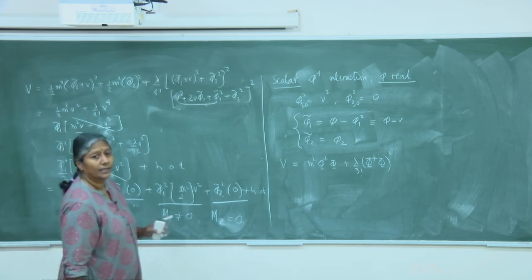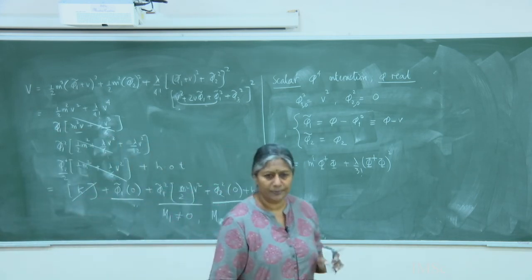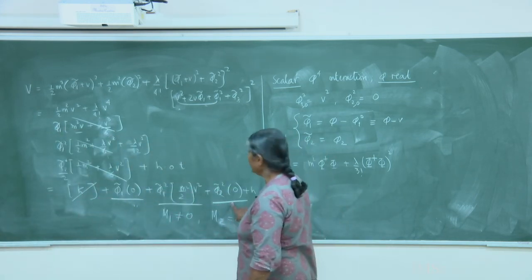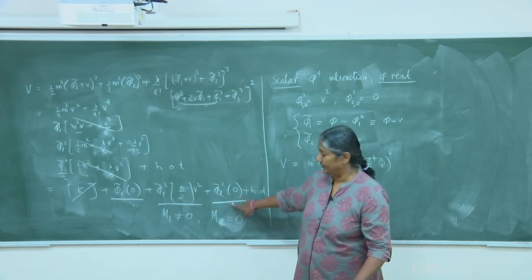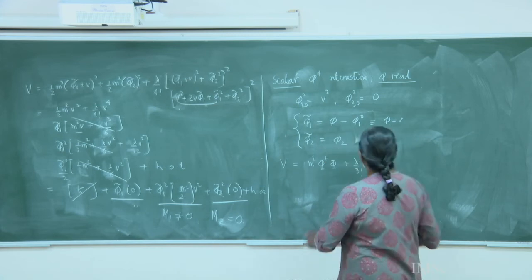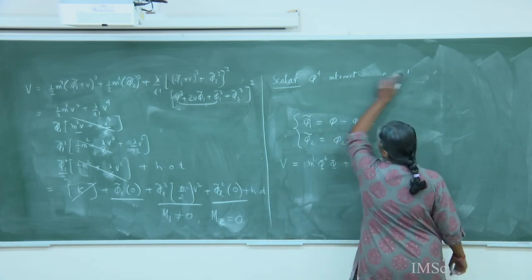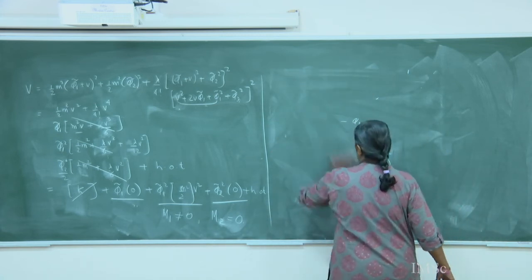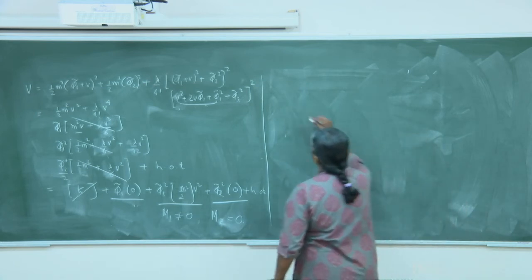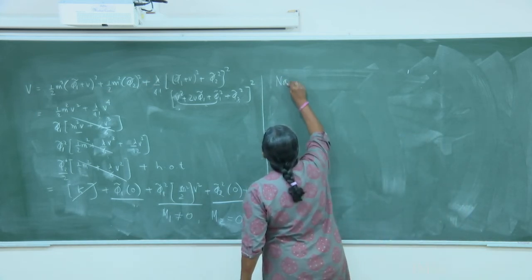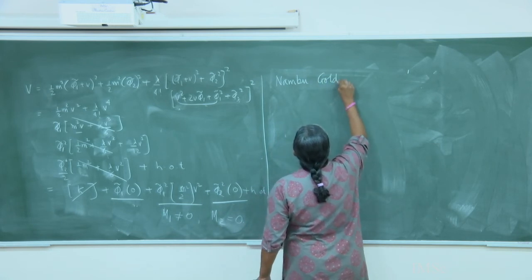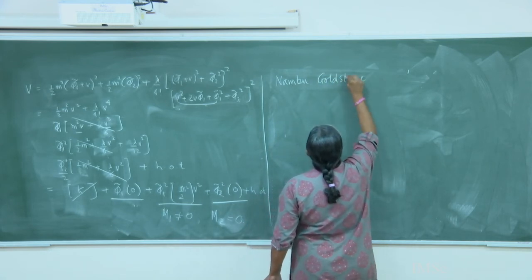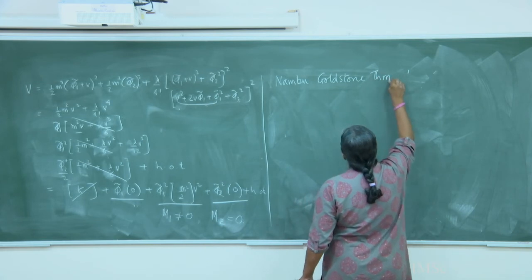So what has happened now? When I break a global continuous symmetry, I get one massless boson when I reinterpret in terms of the dynamical fields, and one massive boson. So here I have, let me write it down here. This is called the Nambu-Goldstone theorem.